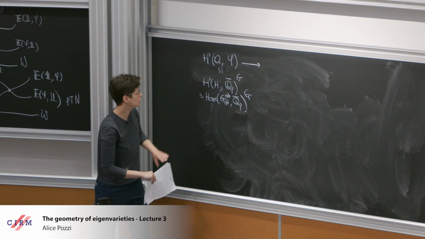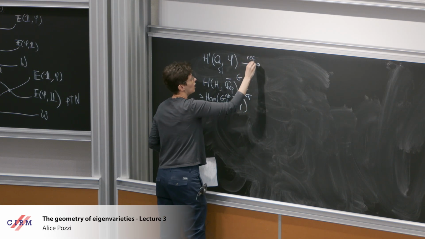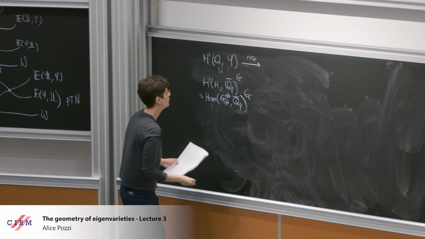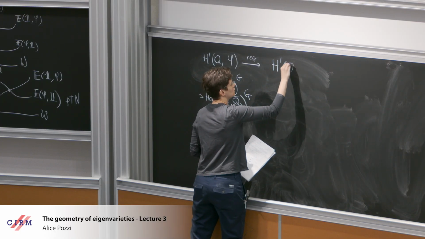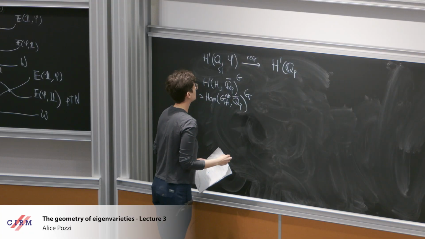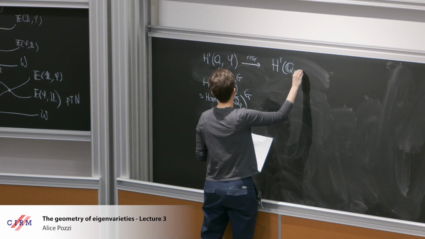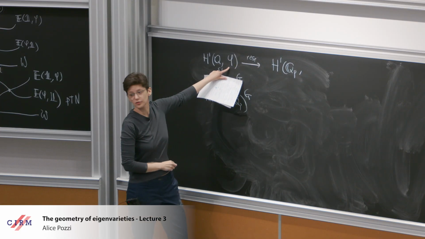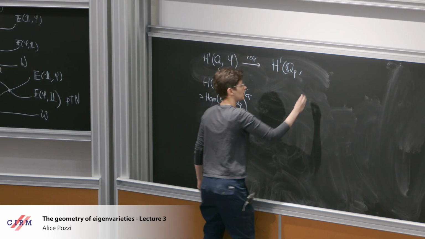So it's not too bad at all, really. Okay, so this we can interpret. Now we want to consider the restriction at the decomposition group at P of this guy. So this lands in H^1(Q_p, phi), which is trivial at P, because phi(p) is 1. That's where we started.